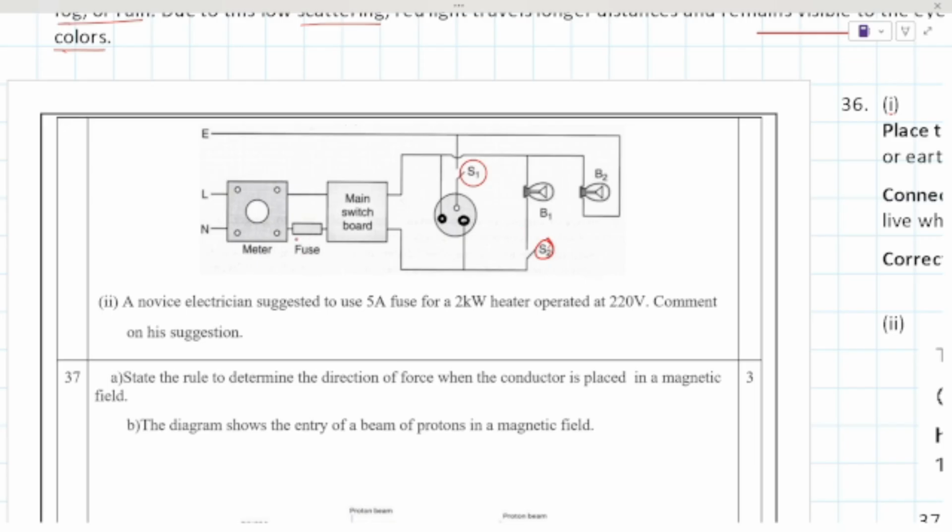Then you see the fuse, connected with which wire? Neutral wire. Is it correct or wrong? No, it is wrong. It should be in the live wire, right? Yes.